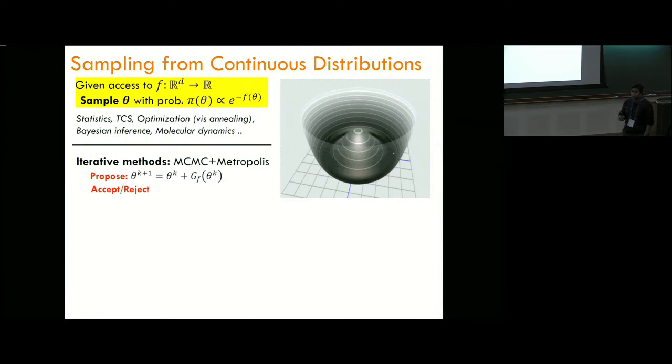We are not going to be able to sample from the exact distribution pi. If we were given infinite time, this would be possible. But because we want these algorithms to be fast, we'll have to stop at some point. And at that point, we will have some guarantee on how close the distribution that we sample from is to the target distribution.